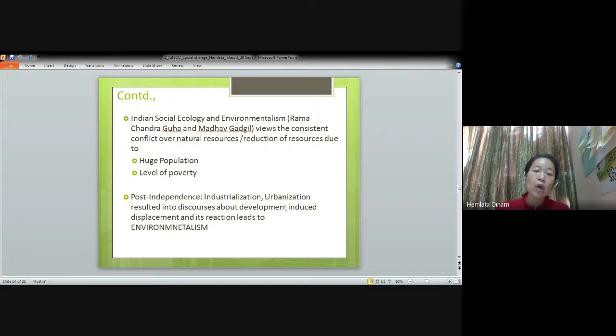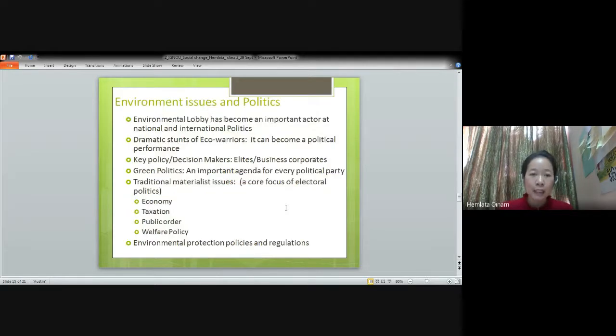Post-independence, we could see a lot of changes in the Indian scenario, that is industrialization and urbanization, which have resulted in different discourses about development. Development has been constructed by different people in different ways. There were different development-induced displacements, and all these led to the reactions or concerns of what we call environmentalism in India.